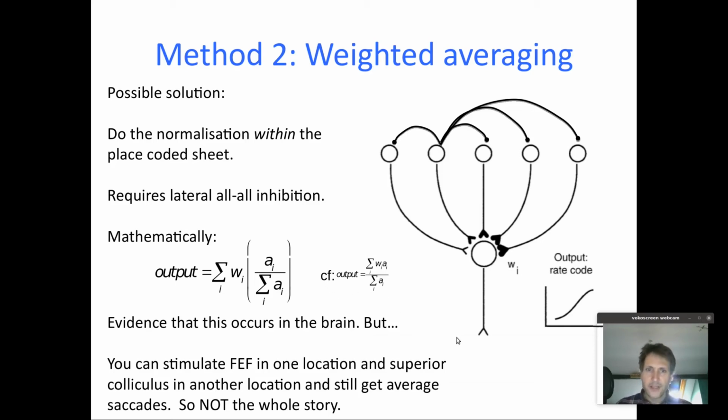So there is evidence that this occurs in the brain. For example, this kind of lateral inhibition for normalization occurs in the retina and in the visual cortex. It's used in some cases not just in a location-based way, where the inhibition is between neurons that are close to each other in a map, but it can also be feature-based.